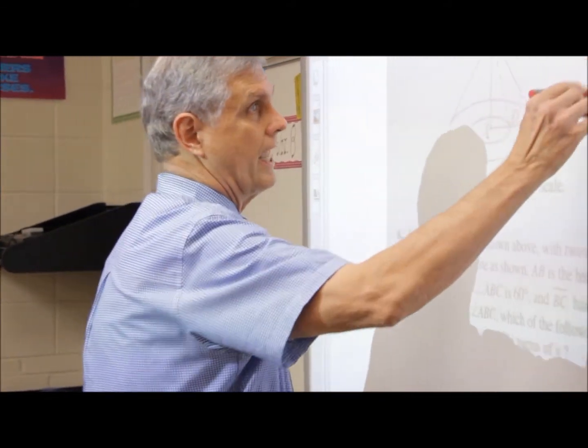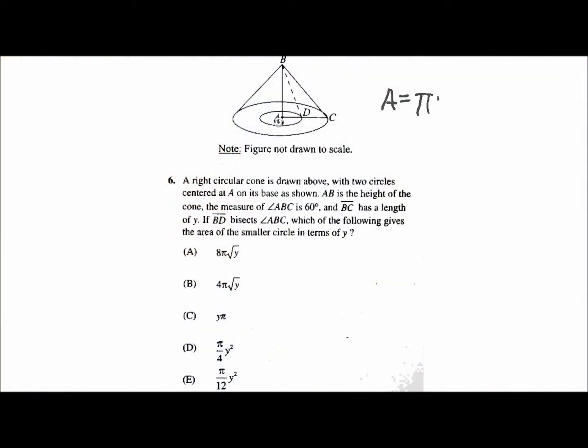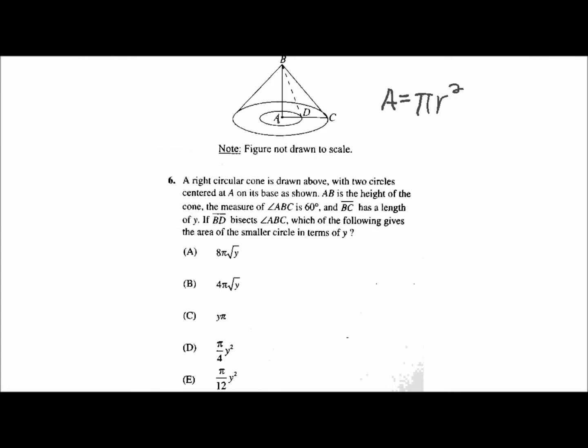Let's just first start out by seeing what's required when you do area of a circle. And you probably have this memorized by now. And if you don't, of course, the area of a circle is over here, that you can look at anytime you want. So how are we going to do that? Well, we have to look at the information they've given us.